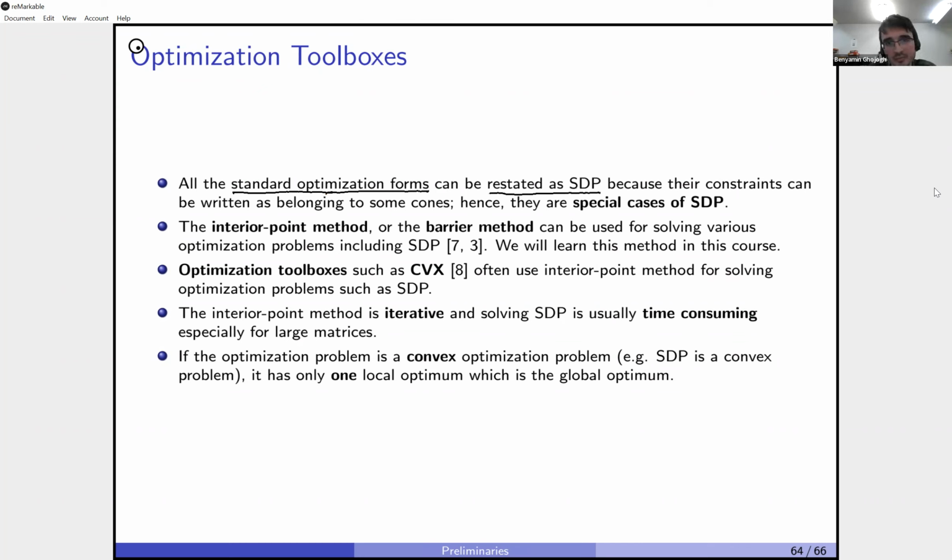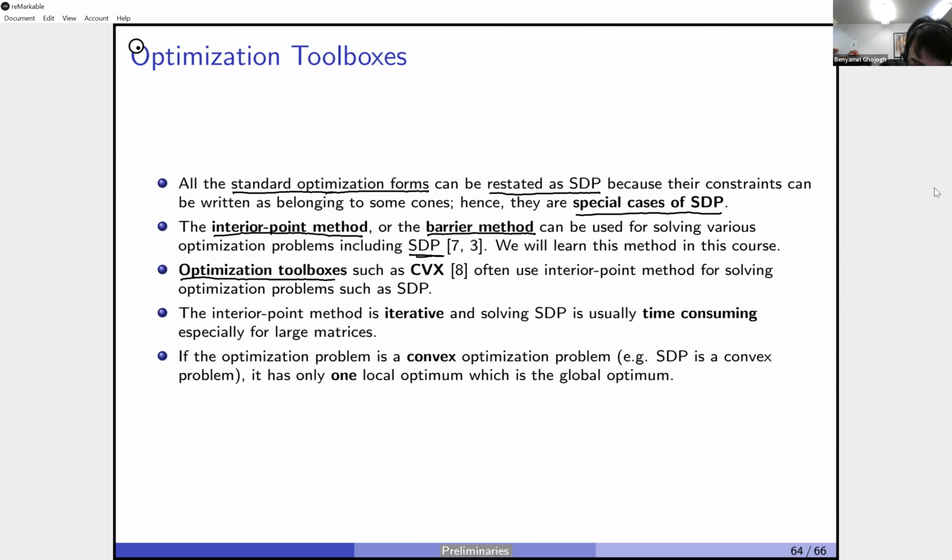This is semi-definite programming. Now an important thing is that all standard optimization forms can be restated as a semi-definite programming. So they are special cases of SDP. And the interior point method, which we will introduce in the next sessions, or barrier method, are two names for the same thing. They can be used for solving various optimization problems such as SDP.